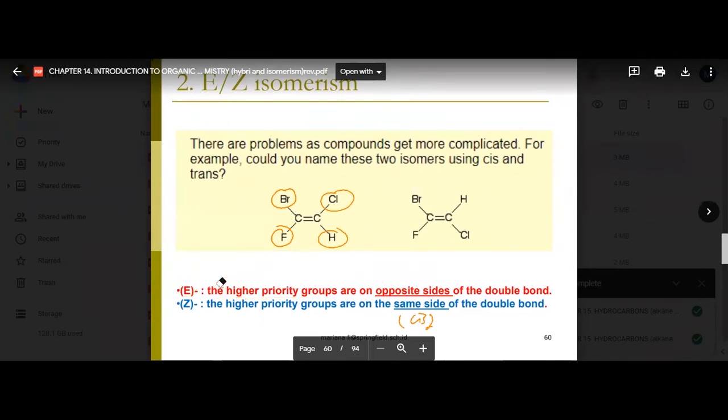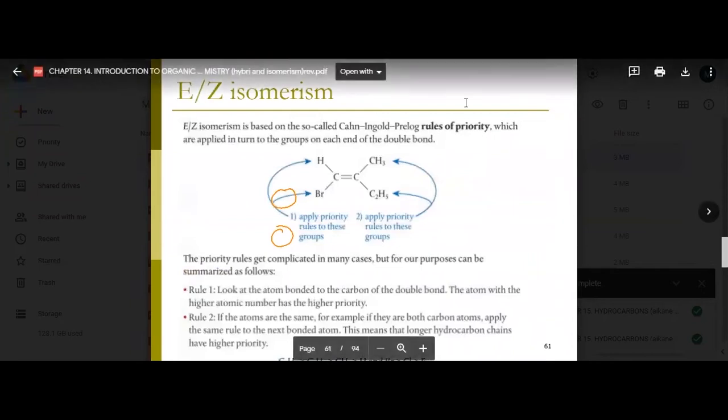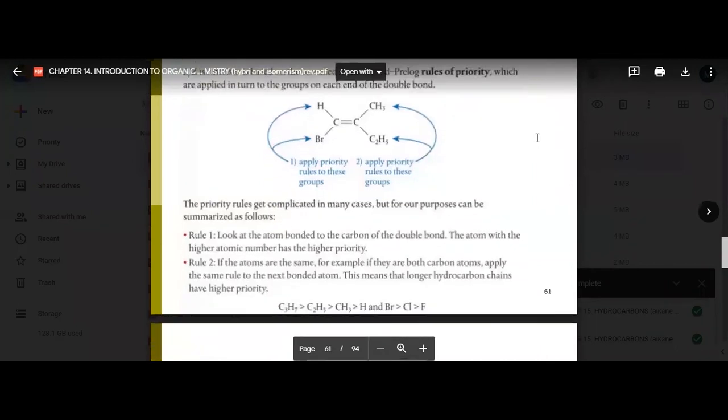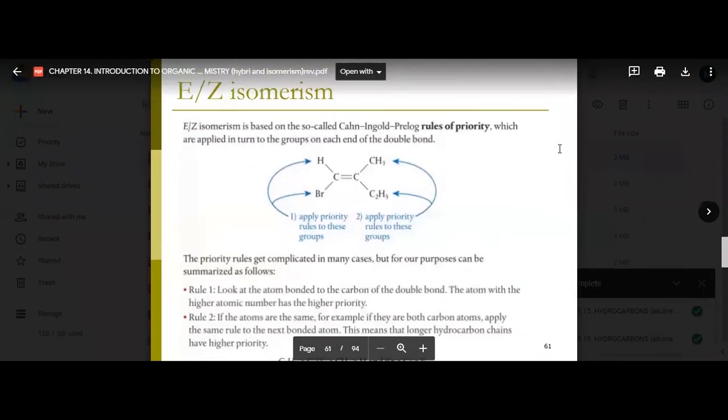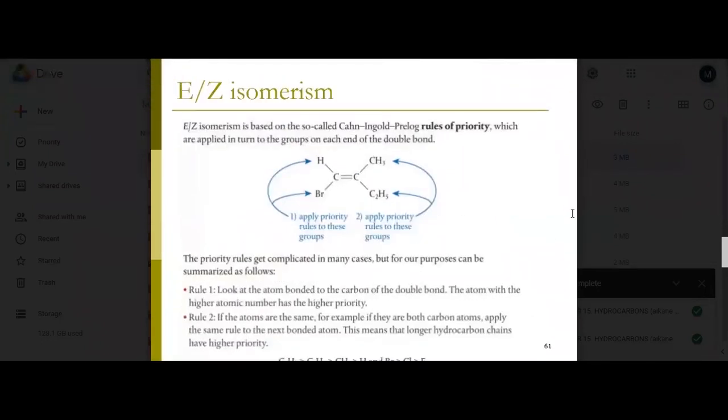Now let's see this first, Br and F. Which one has the higher priority? To answer this question, I will explain the Cahn-Ingold-Prelog rules. The rules of priority are like this.